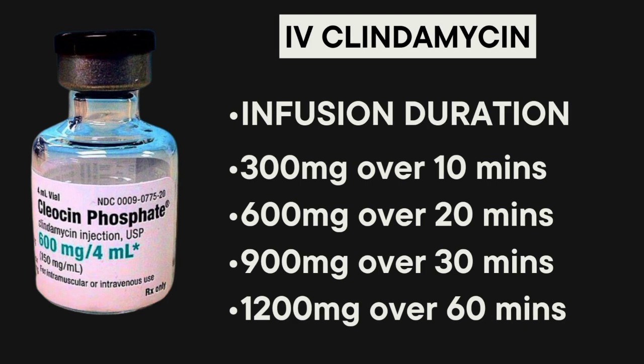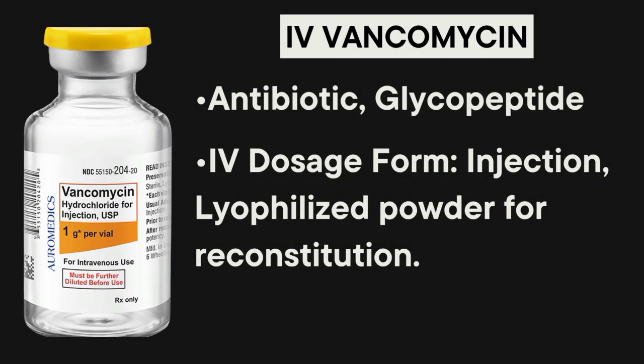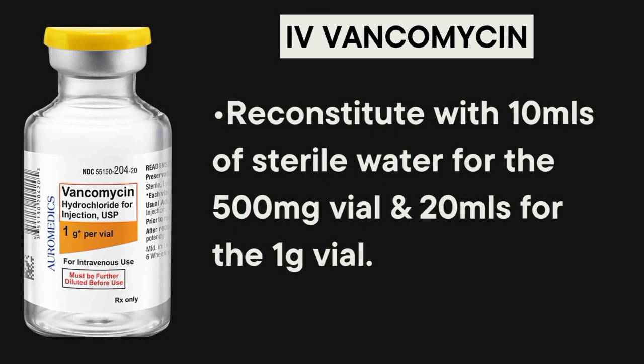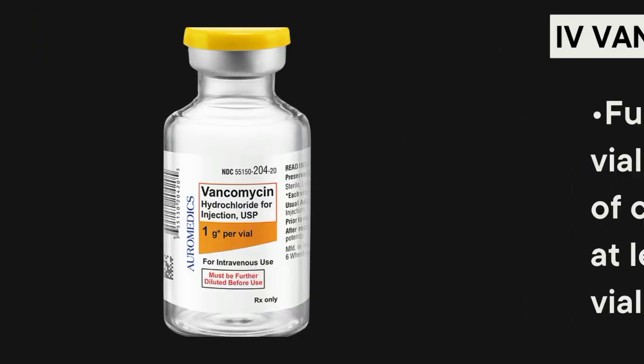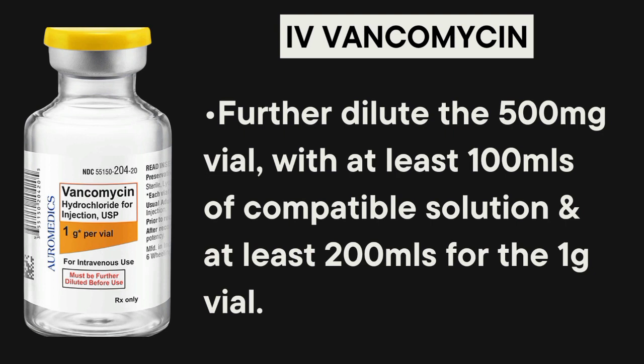Number 4 on my list is IV vancomycin. It's also an antibiotic, a glycopeptide. The IV dosage form comes in injection, lyophilized powder for reconstitution. Reconstitute with 10 ml of sterile water for the 500 milligram vial and 20 ml for the 1 gram vial. After reconstitution, you further dilute the 500 milligram vial with at least 100 ml of compatible solution and at least 200 ml for the 1 gram vial.